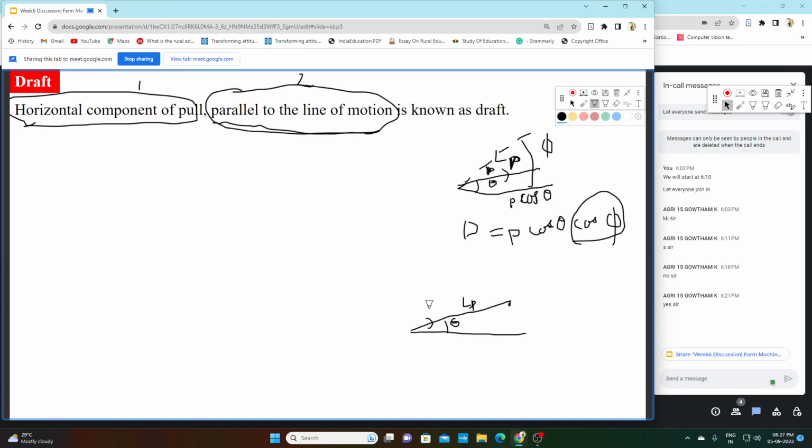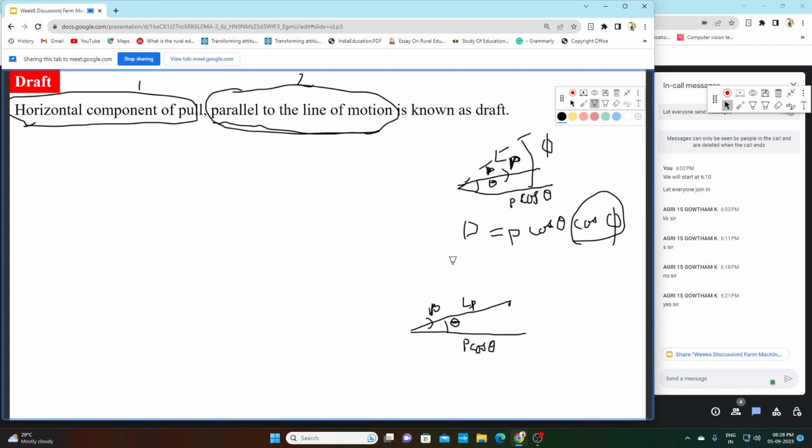If this is your pull, denoted by P, what is the horizontal component of this? That is P cos theta. Is this clear up to this? Yes, sir.